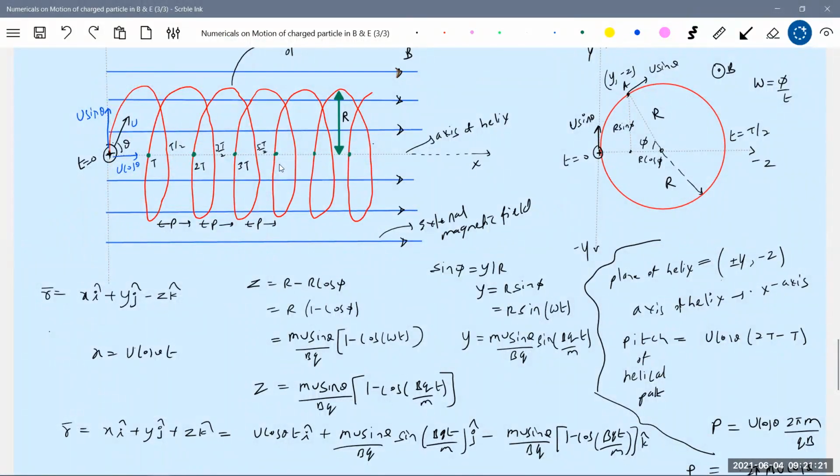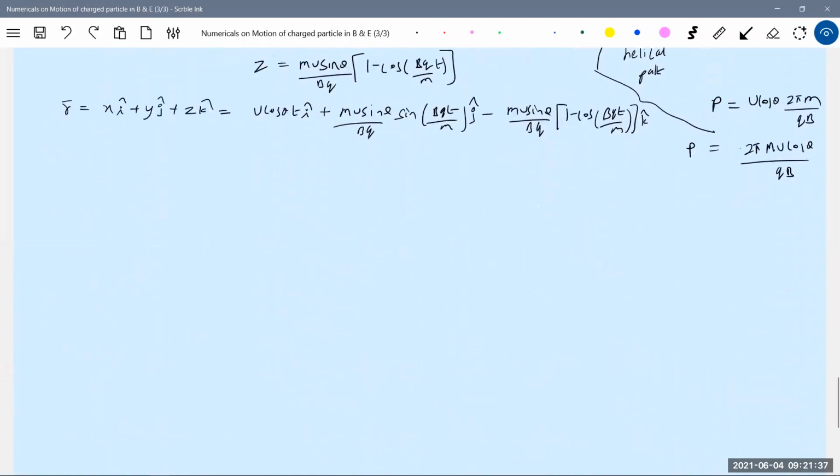Completed, all of you. So helical path is nothing big. Circular path in one plane and uniform velocity motion along the axis, parallel to the axis of helix. That is enough. Like this, I put t equal to any time t, you can get the position vector of the particle. So let me show what that position vector is, how it will be directed.